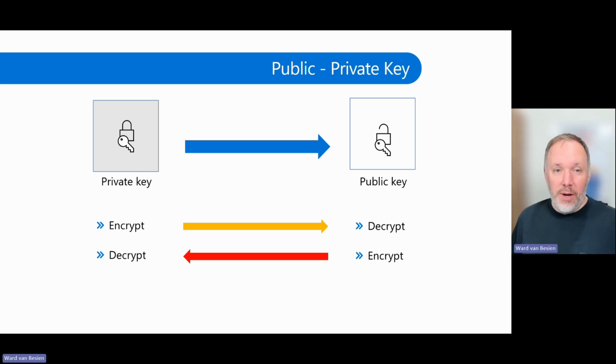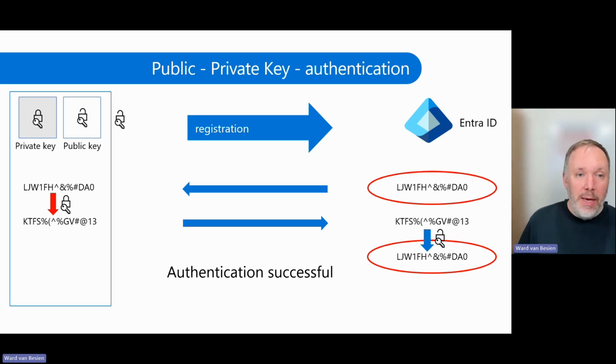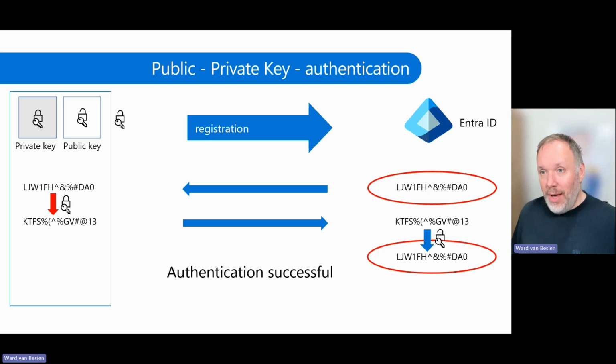But how does this work in an authentication context? Well, I have my private key and my public key. Say I join my machine to Entra ID. When I join the machine, during the registration, the public key is shared with Entra ID, and Entra ID will store that key for that particular device that I'm registering, that I'm joining.